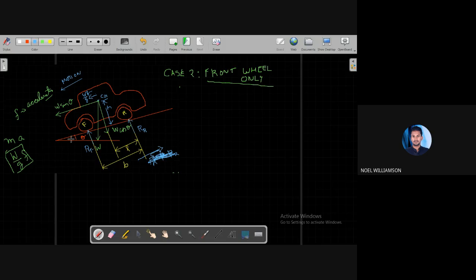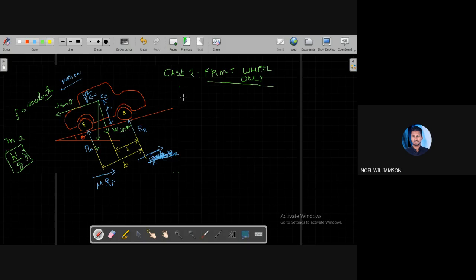The frictional force will be acting only at the front wheel, so that will be mu into RF, acting like this, and all the others will be the same. So the equations will also be in a similar fashion.